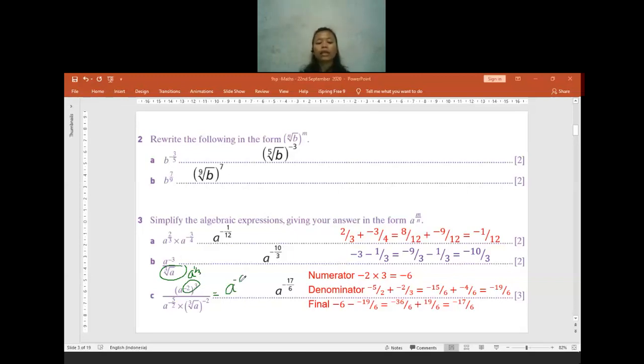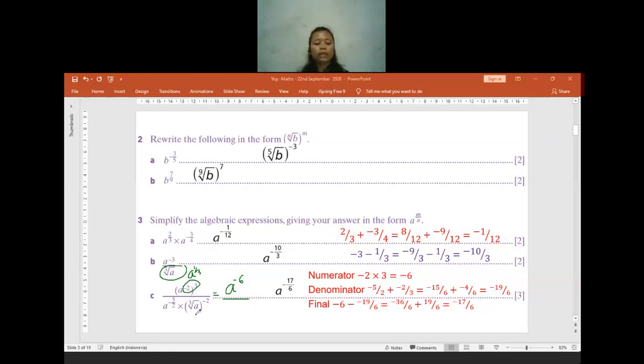For the denominator, I have a to the power of negative 5 per 2 times cube root of a to the power of negative 2. So we have to simplify it one by one.